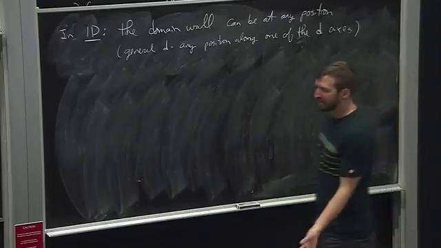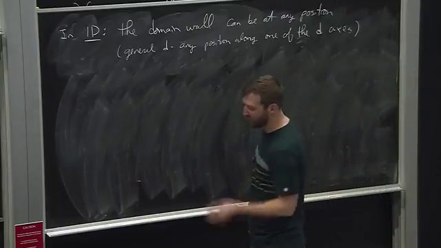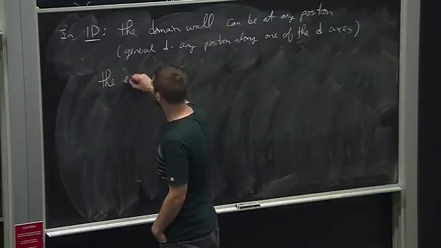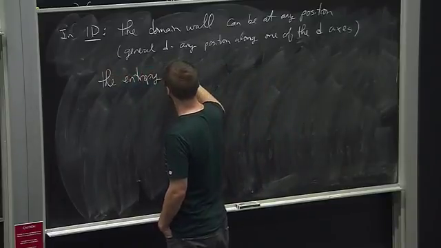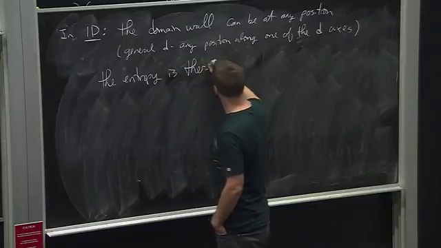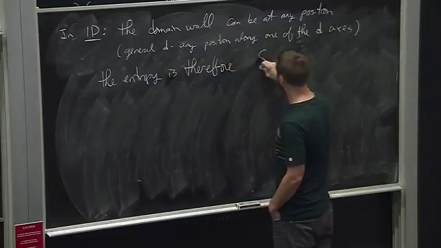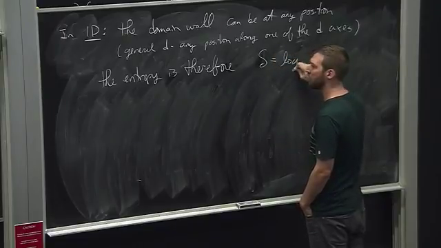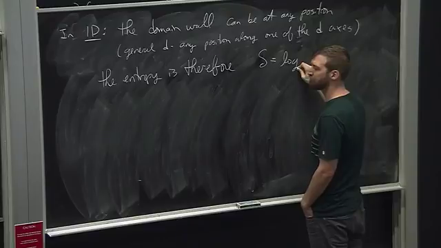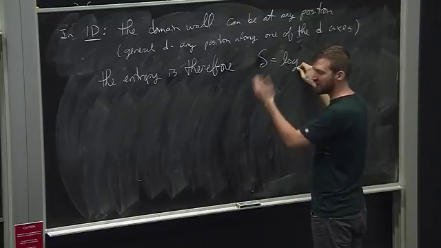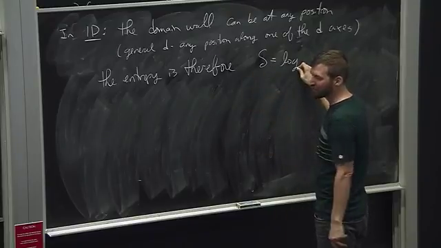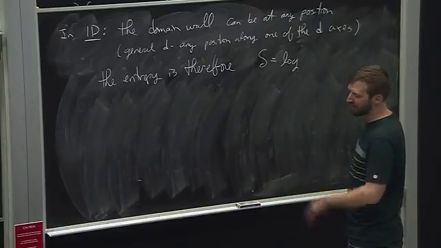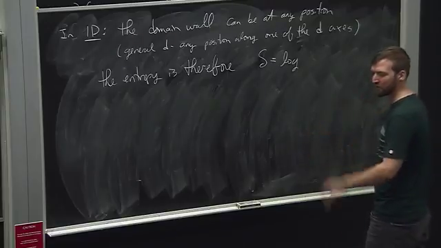So just for a domain wall in any dimension, the entropy, call it S, is log. You can also pick how many, there's a freedom in L, and then there's the different dimensions possible for this.